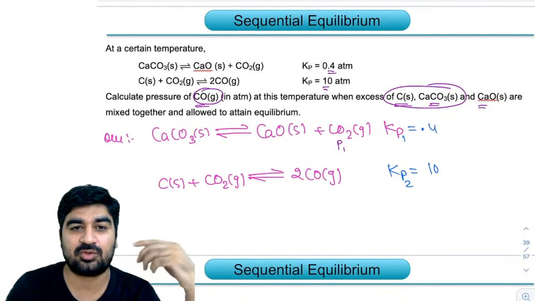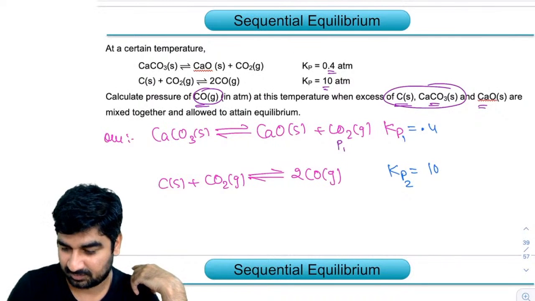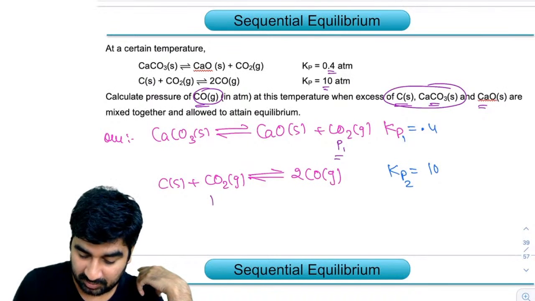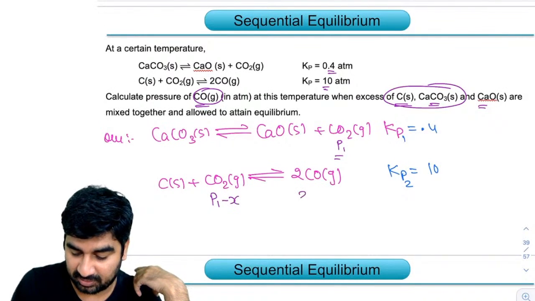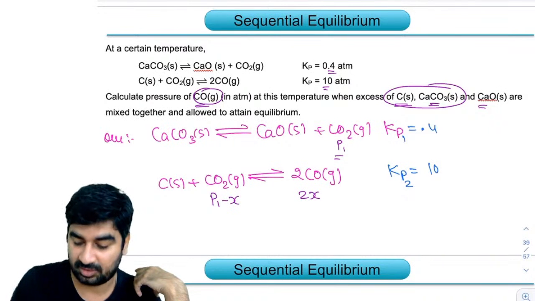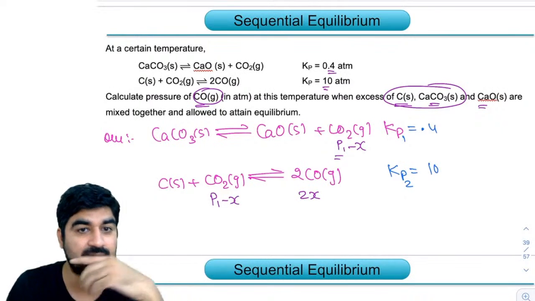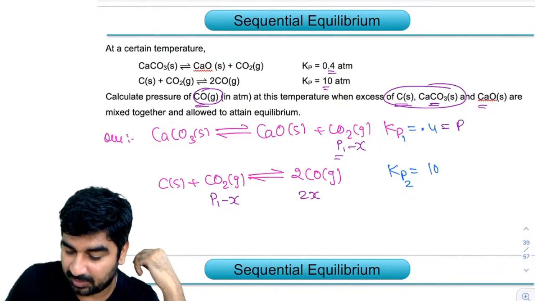So, how do we start it? If this is P1 here, so here I will write P1. Now, if x goes here, it would be 2x. It would be P1 minus x. Okay. So, if you are getting it, you will just write P1 minus x.